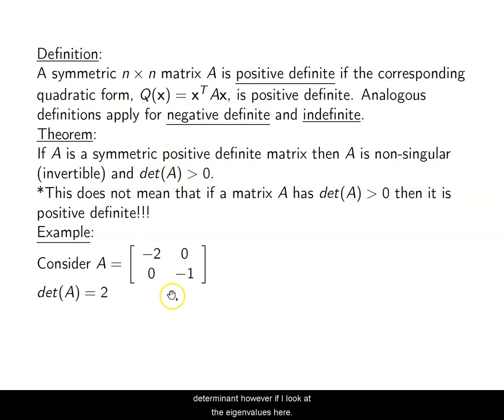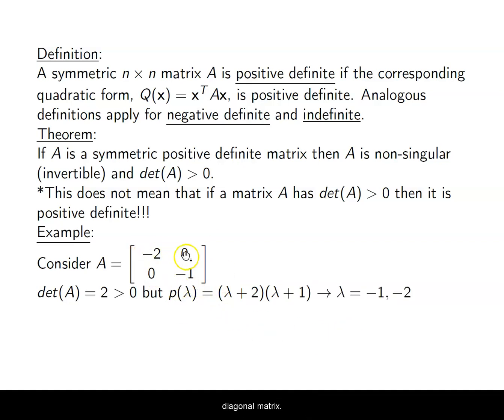However, if I look at the eigenvalues here, I don't even have to show all this, it's obvious that they're literally the exact values of the main diagonal, because it's a diagonal matrix. I have negative eigenvalues.